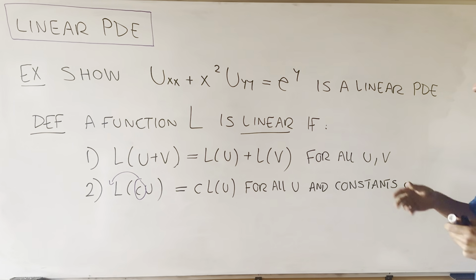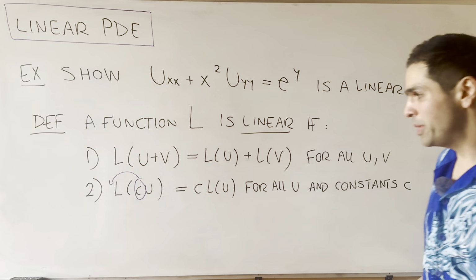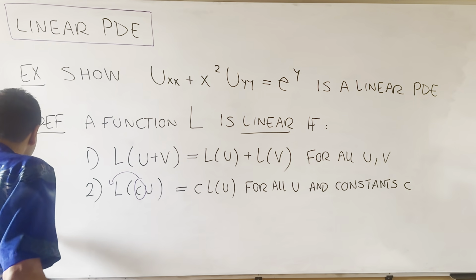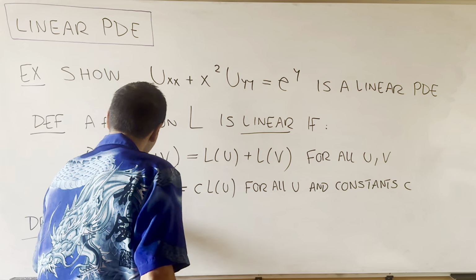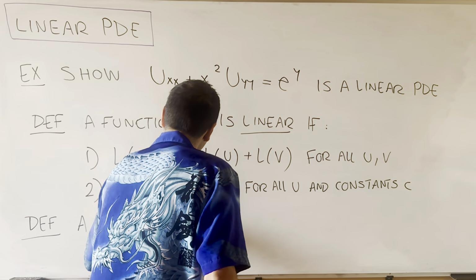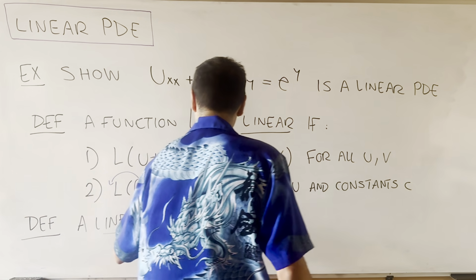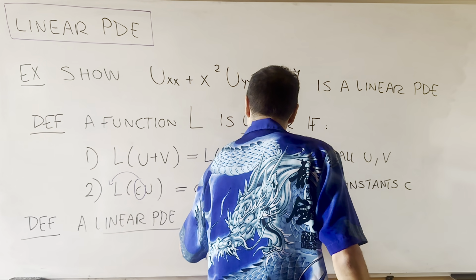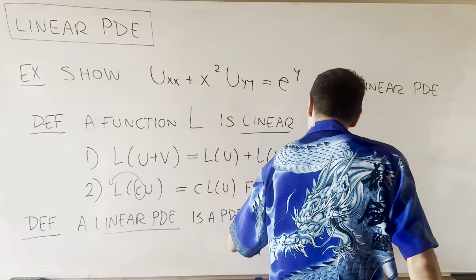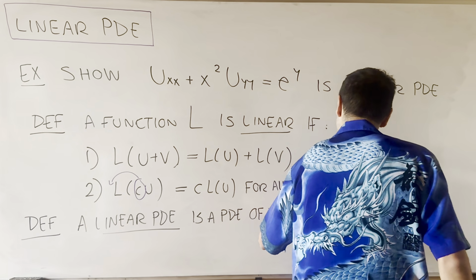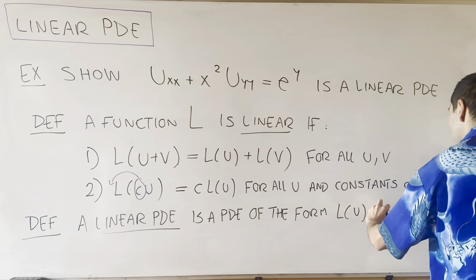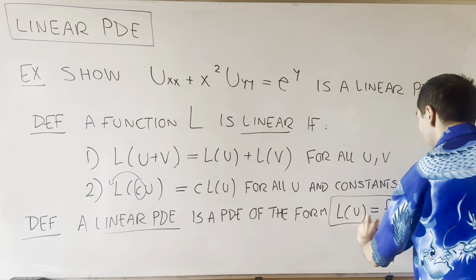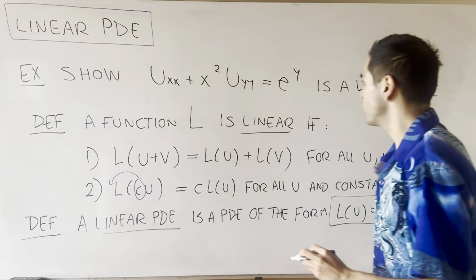And then what is the definition of a linear PDE in that case? A linear PDE is a PDE of the form L of u equals f, where L is a linear transformation.